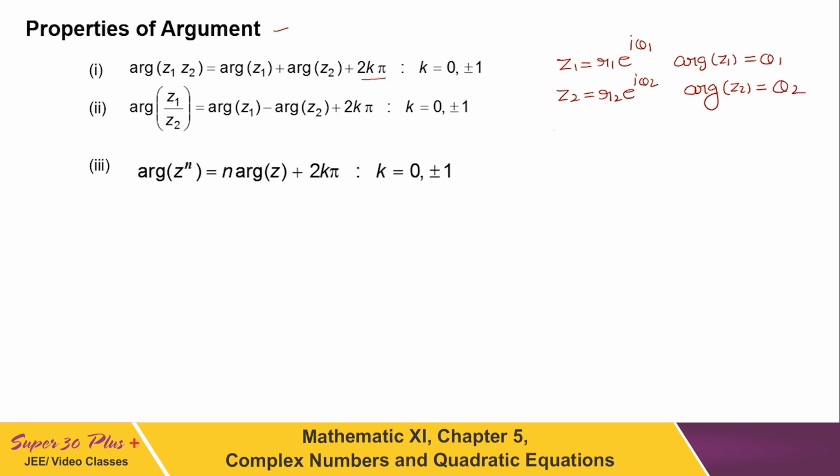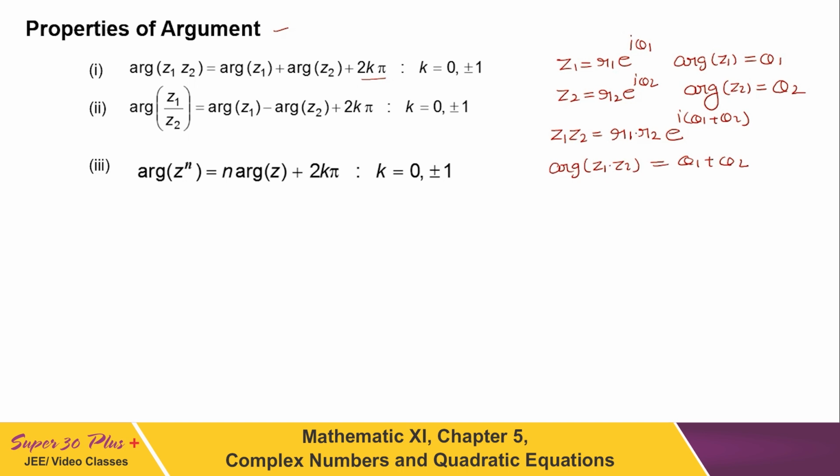Now we are going to find z1 into z2. It is also a complex number and it is r1 into r2 e to power iota (theta 1 plus theta 2). Now we can write argument of z1 into z2 is equal to theta 1 plus theta 2.